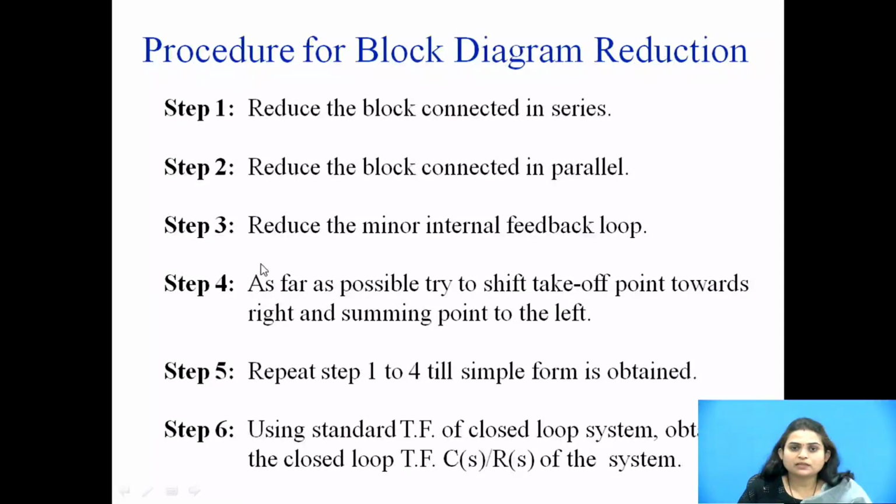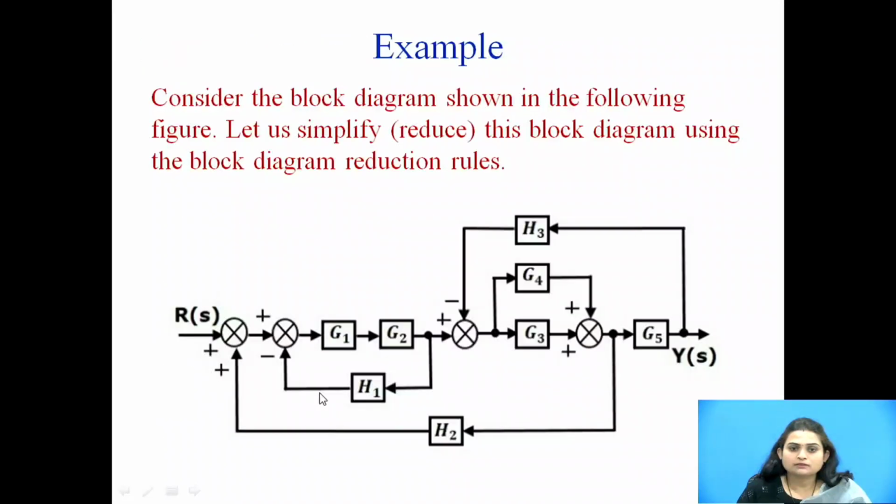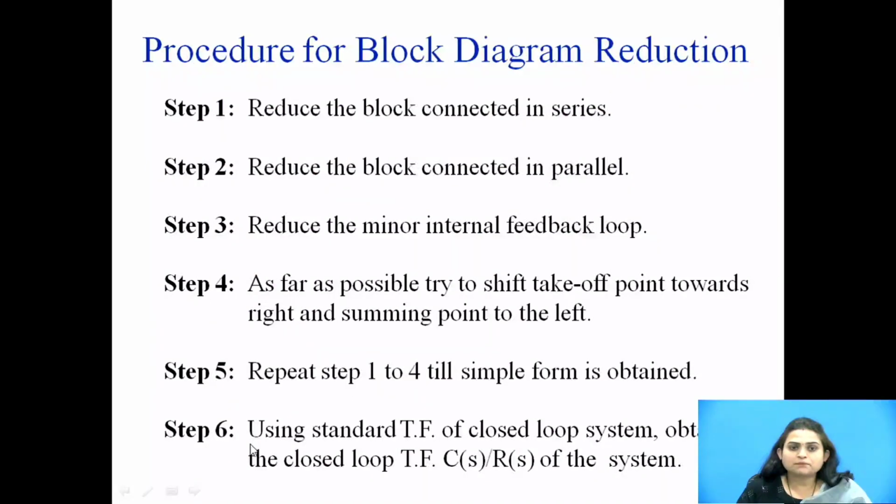Third step, reduce the minor internal feedback loop in which G and H are there. Step 4, as far as possible, try to shift takeoff points towards the right side and summing points to the left. Step number 5, repeat steps 1 to 4 till a simple form is obtained. And step number 6, calculate the transfer function of the closed loop system, that is C of S upon R of S.